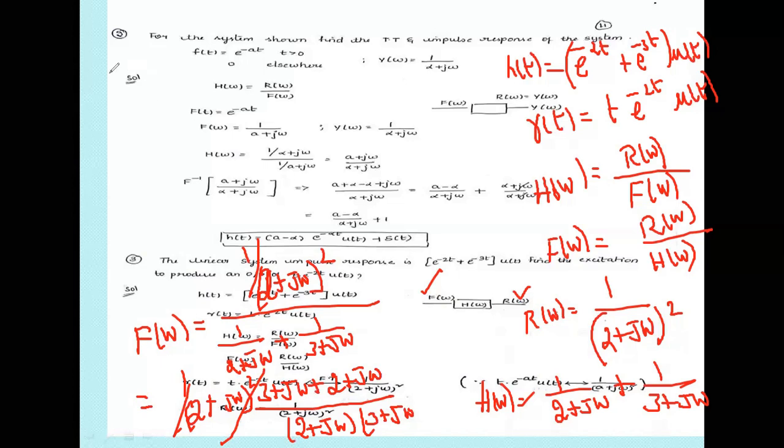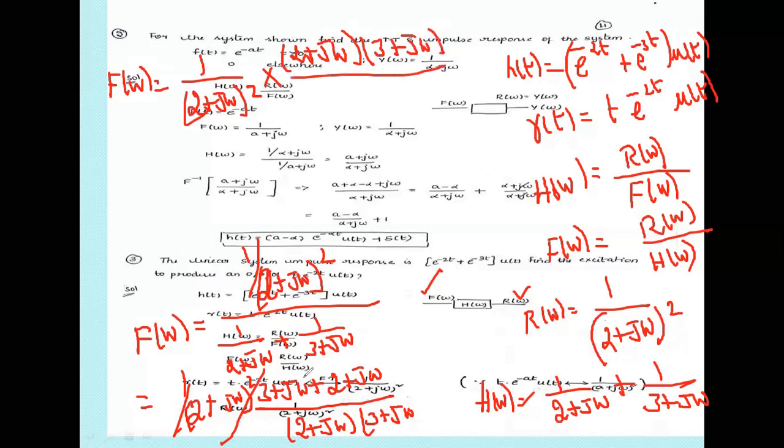This becomes F of omega is equal to 1 by 2 plus j omega whole square multiplied with 2 plus j omega into 3 plus j omega, divided by 3 plus j omega plus 2 plus j omega, which is nothing but 5 plus 2j omega.